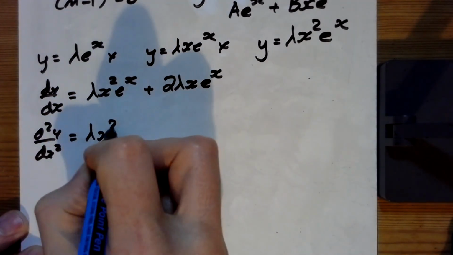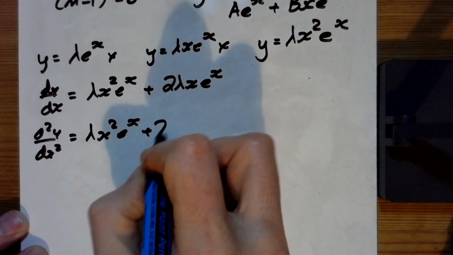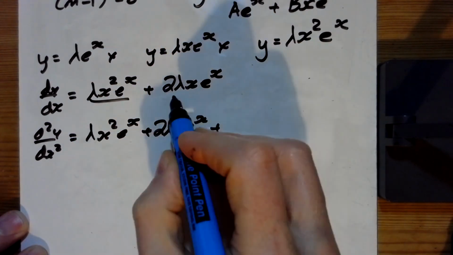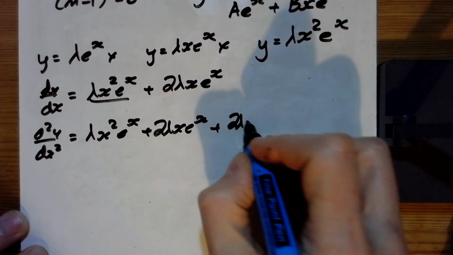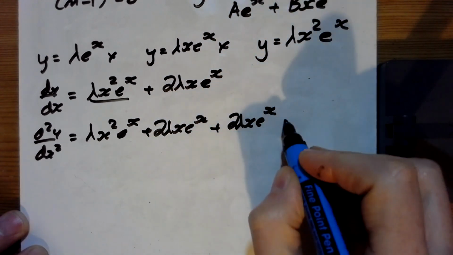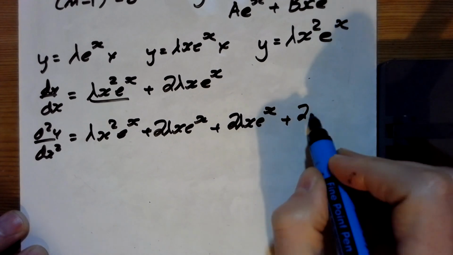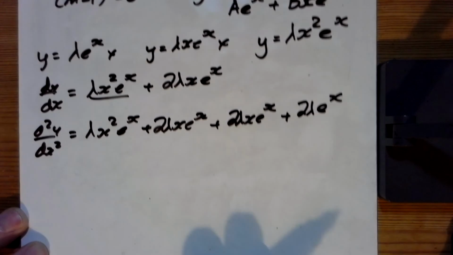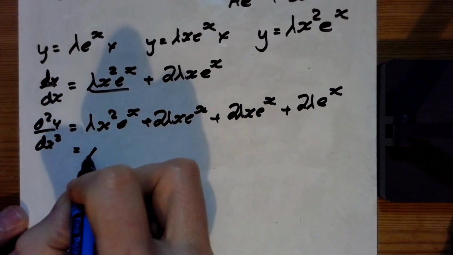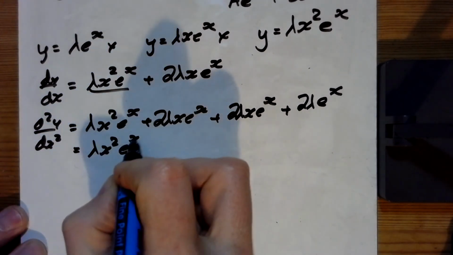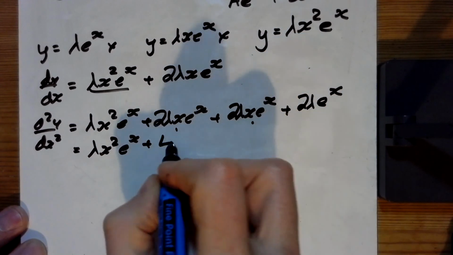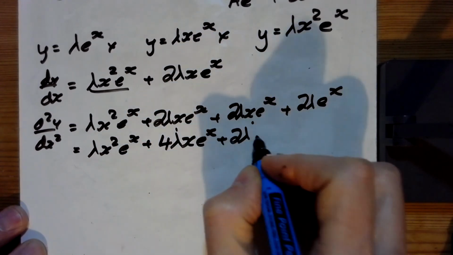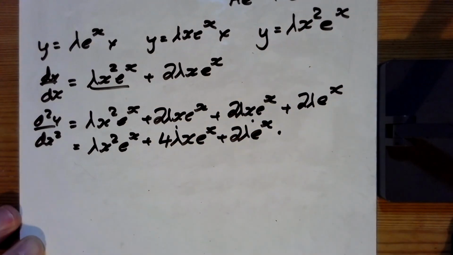So that's lambda x squared e to the x plus 2 lambda x e to the x. That's what that gives. And then this bit here gives 2 lambda x e to the x plus differentiate the first bit, which just gives me 2 lambda e to the x's. Should we tidy that up here? So that gives us lambda x squared e to the x. These two should be the same, yes. 4 lambda x e to the x plus 2 lambda e to the x. So there's the differentiating done.